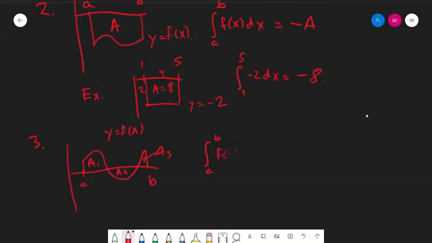And in this case, what the integral actually does is it adds up the areas that are above and subtracts off the areas that are below. So it sort of calculates what we call a signed area.